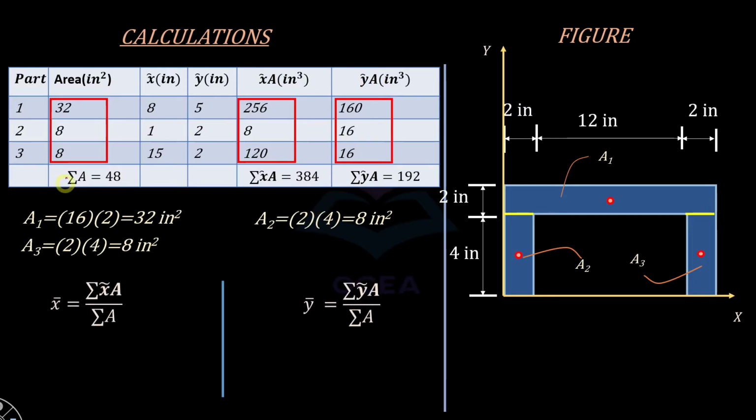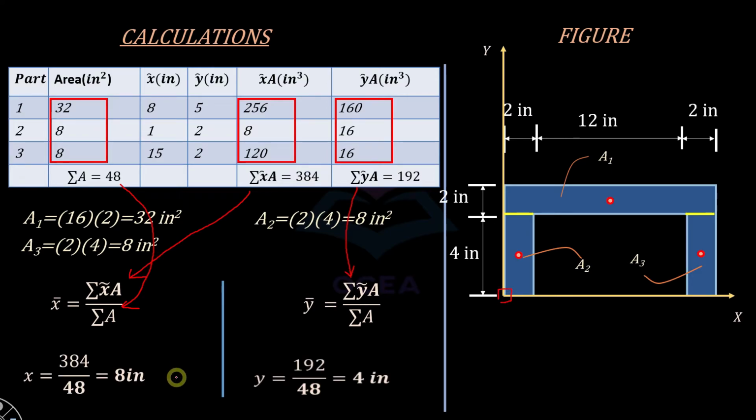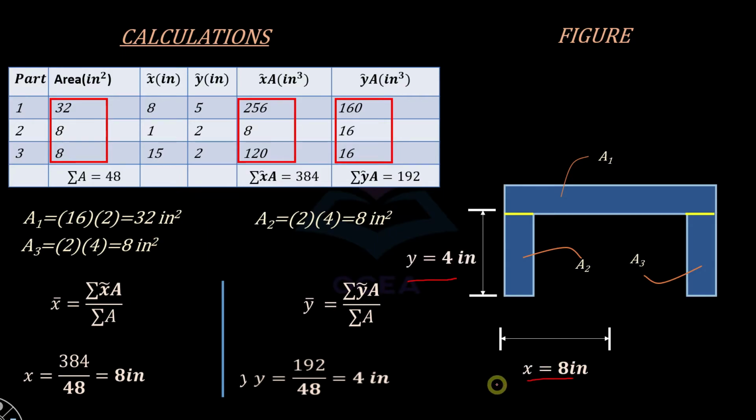So if I plug in all of these values into the formula given below, then I would obtain the coordinates of this composite shape with respect to this point. So x is coming out to be equal to 8 and y is coming out to be equal to 4 inch. So in the diagram, it would look something like this. That is, from the origin, the centroid of the shape is located at a distance of x equals 8 inch and y equals 4 inch.